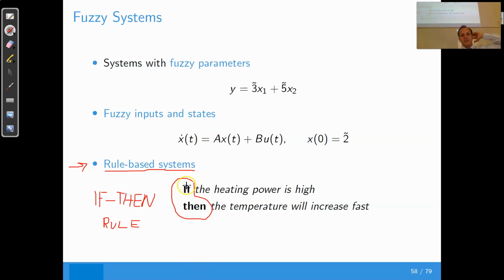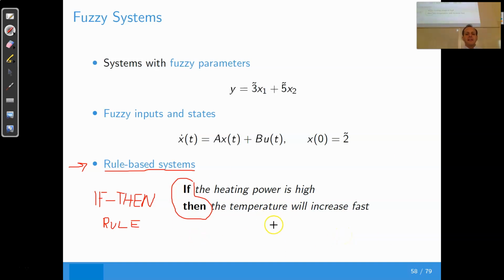We will see later, this is considered the antecedent. So if the heating power is high, then the temperature will increase fast.